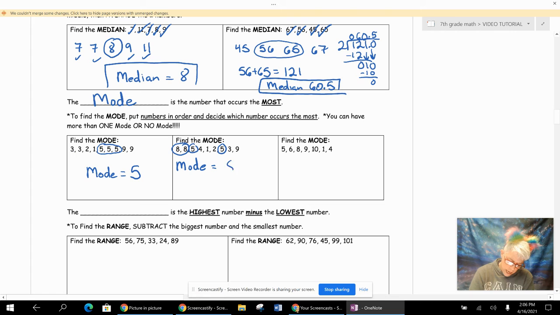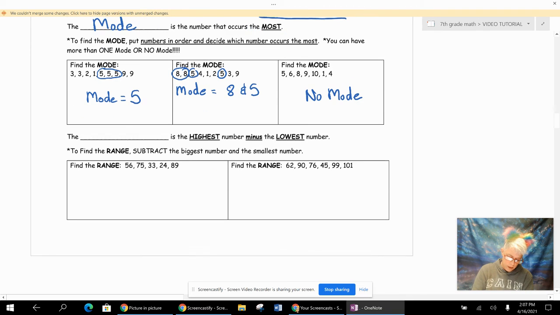So the mode is the 8 and the 5. Now, if there was only 8, 8, 5, 5, and no other numbers, then we would say there's no mode because none of them appear more than other numbers. All right, let's look at the next one. If I look here, there is no mode. All the numbers appear once, so you can have no mode in that situation too.